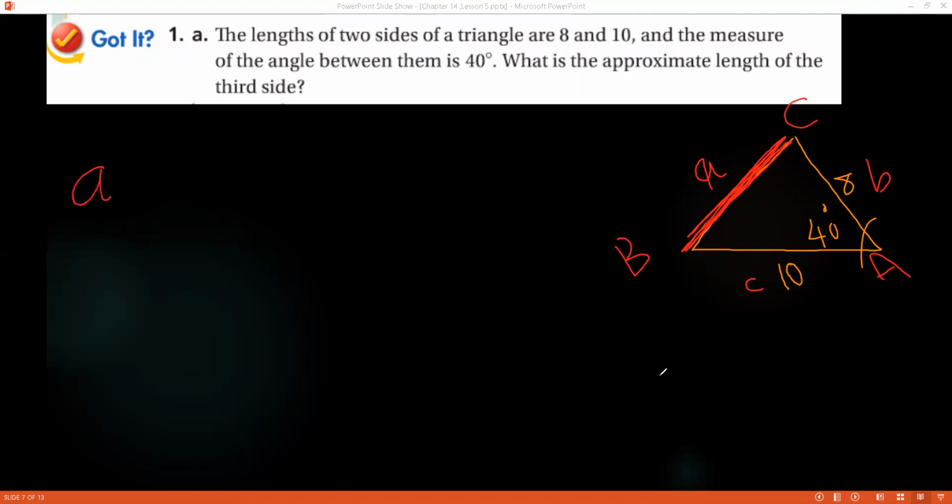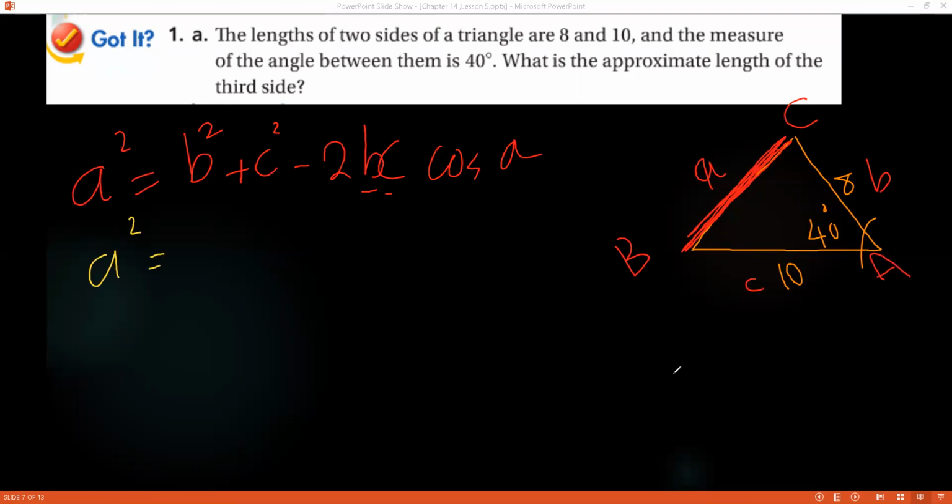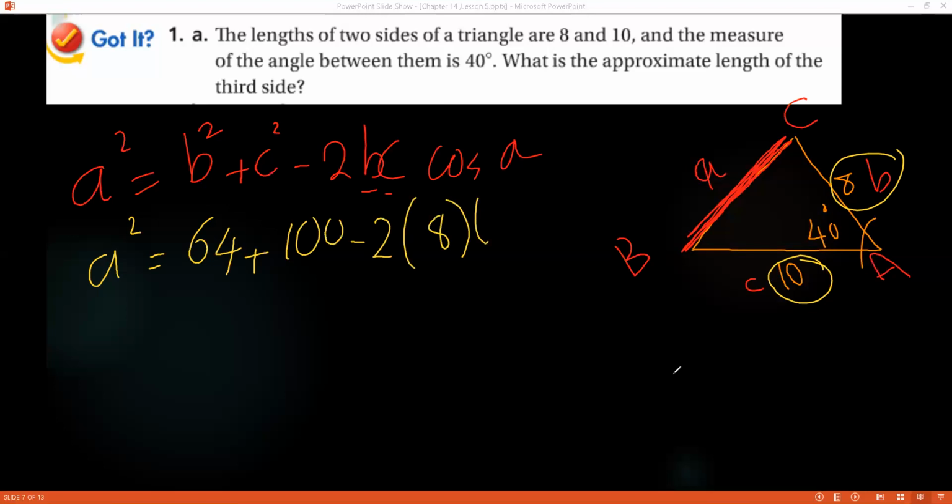So A squared will be B squared plus C squared minus 2BC cosine theta. BC, I will repeat it here, BC cosine the angle that I start with, which is A. Then A squared will be B squared 64 plus C squared 100 minus 2 times 8 times 10 times cosine 40.